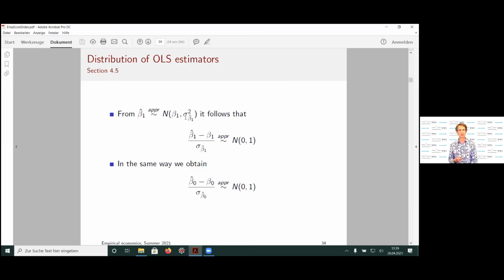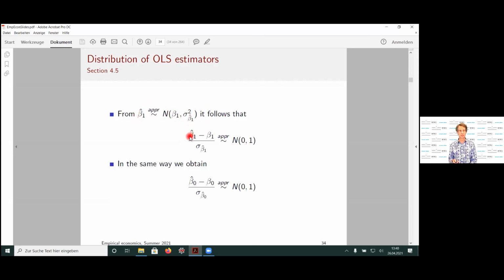The standard deviation is the square root of the variance. And we can do that here because we know that beta 1 hat, at least approximately, has a normal distribution. We know the expectation and we know the variance.